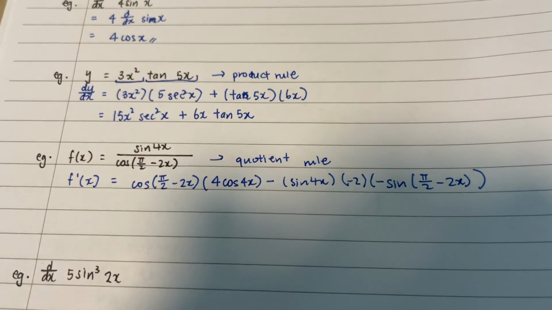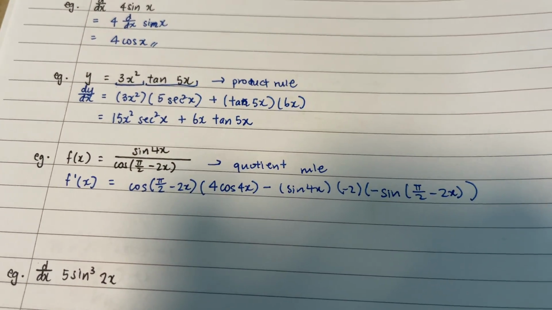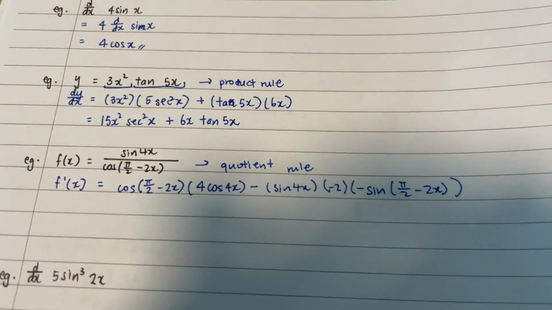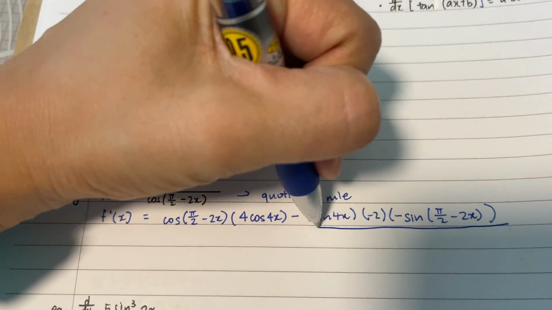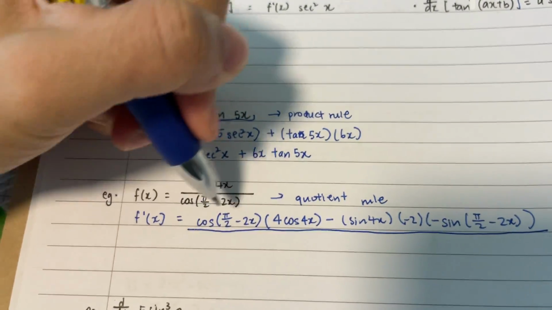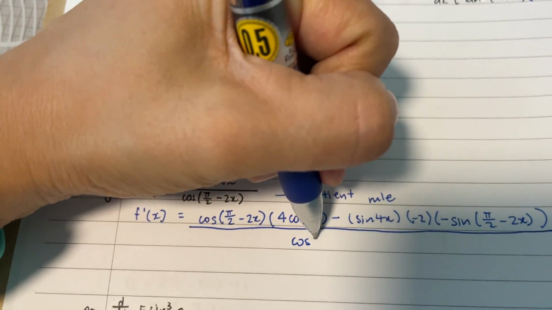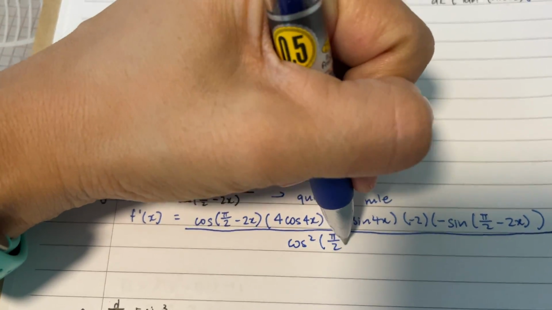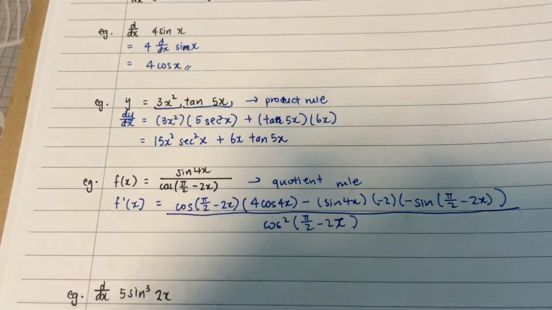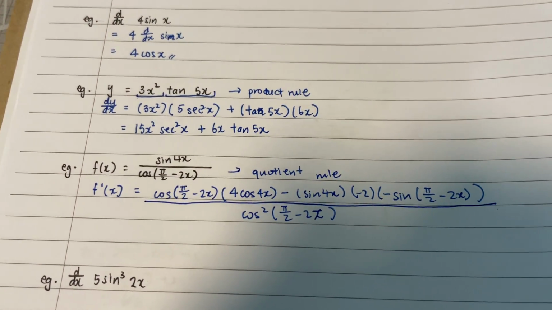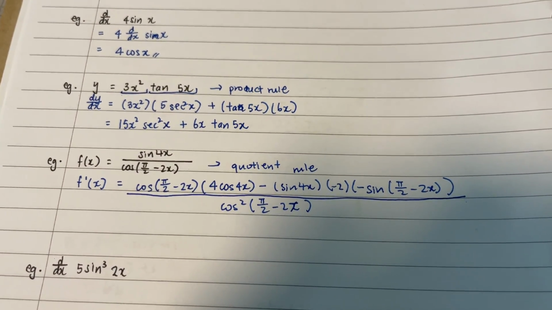Okay, so we have the whole string of expression, and don't forget we have to divide by v squared. And what is v squared? It will be cos squared of pi by 2 minus 2x. Okay? Yeah, so I hope that I'm clear here.